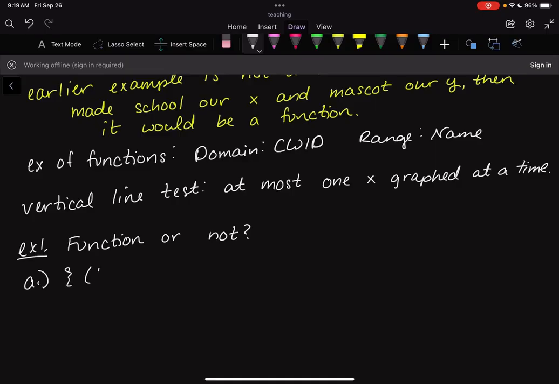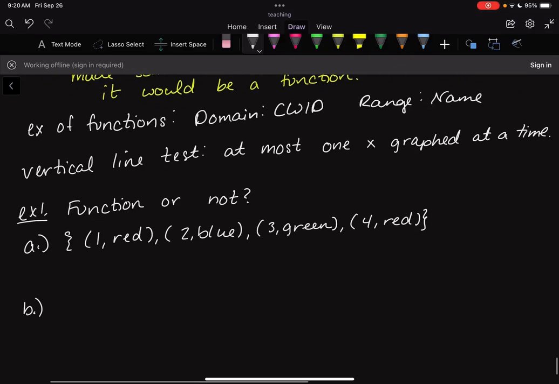So this one I'm going to make a list of points. Okay, B we'll do (1, -1), (1, 2), (2, 1).